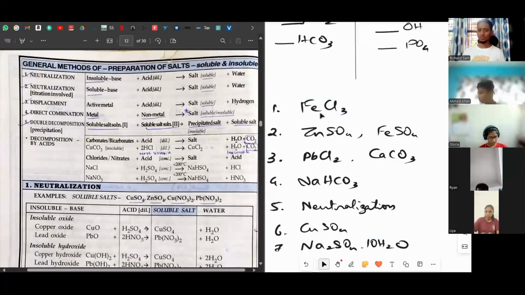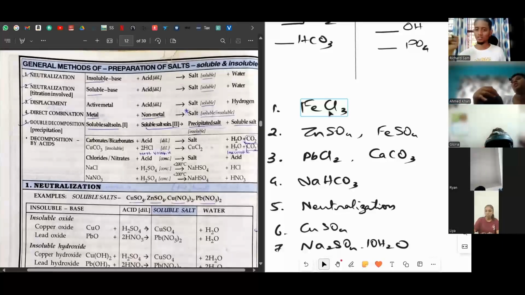Okay, so let's see the first one. We'll do at least 2. FeCl3 is the simplest reaction. They're using this method called direct combination. So before that, you should know whether FeCl3 is soluble or insoluble. Why?